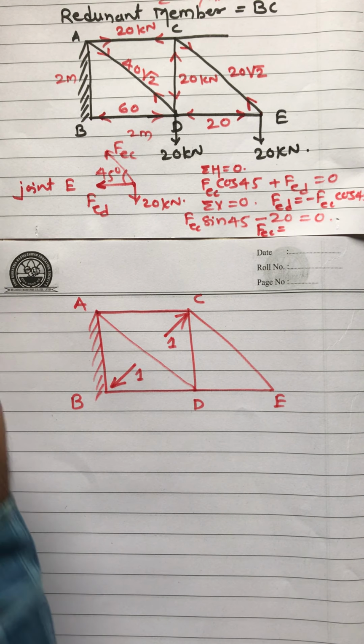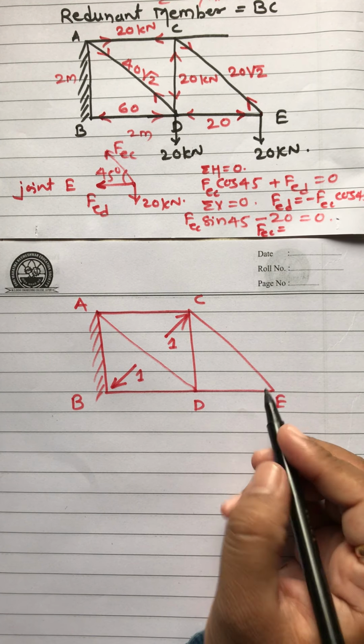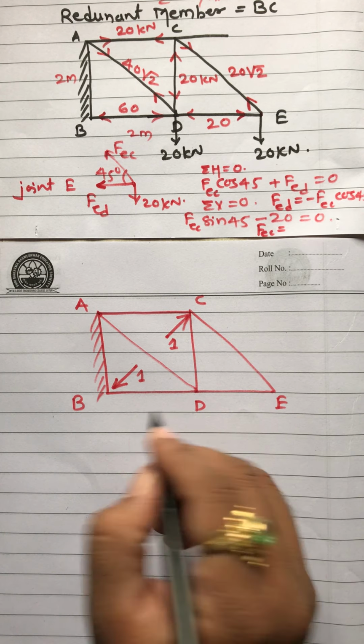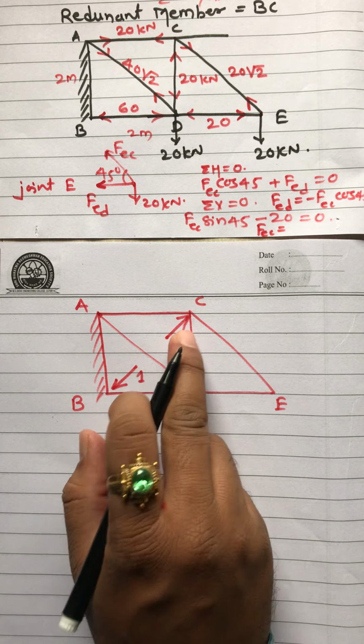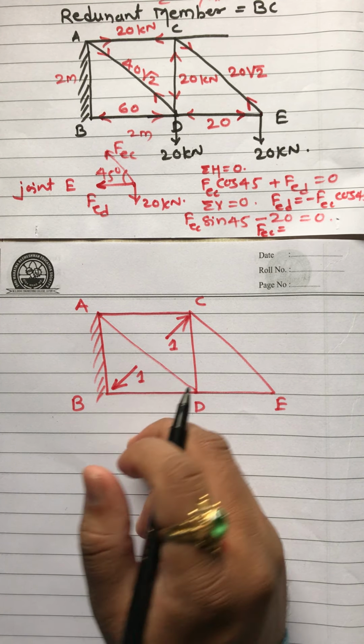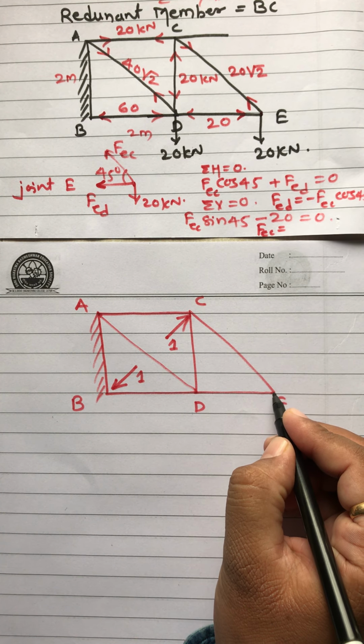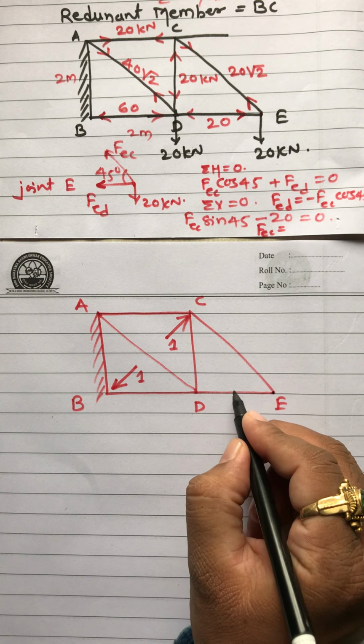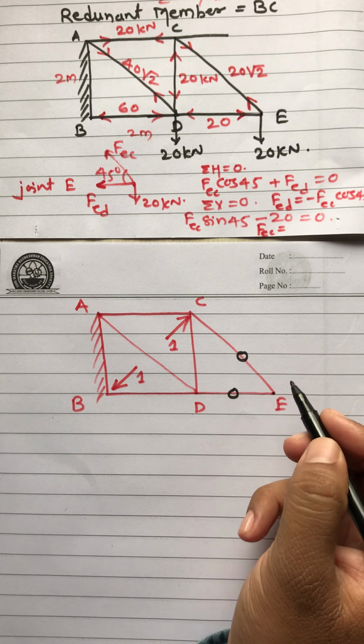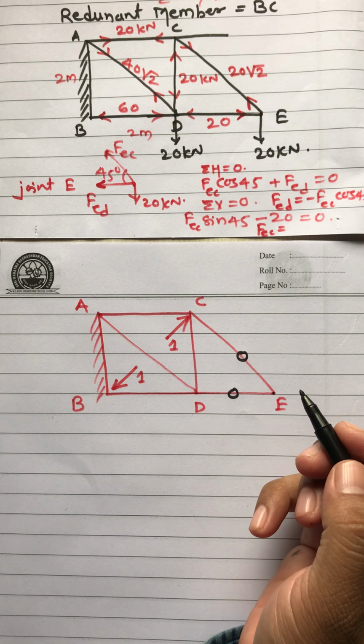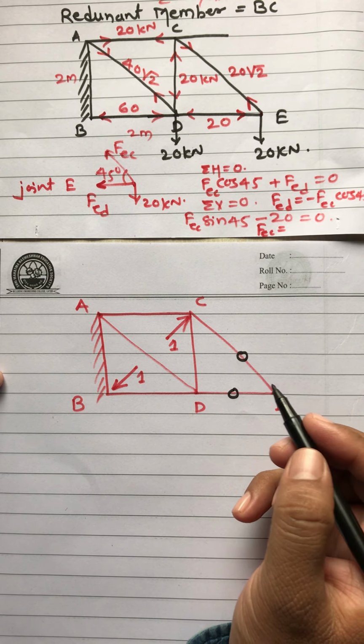So we'll find out. Now it is very simple. You should take this joint because there is no external force. Now we have applied a unit force along that redundant member. So if you take joint E, this becomes 0 because there is no external force; summation of H must equal 0, summation of V must equal 0.